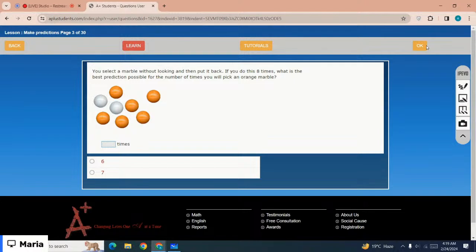The next one is, you select a marble without looking and put it back. You do this 8 times. What is the best prediction possible for the number of times you will pick an orange marble?